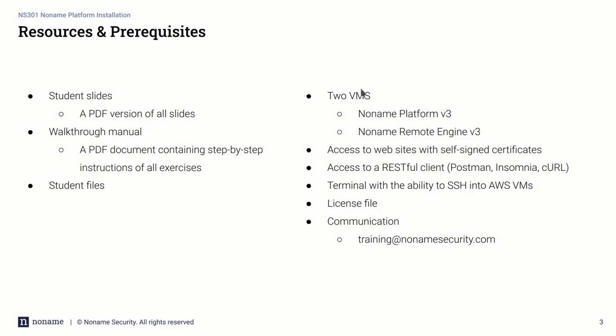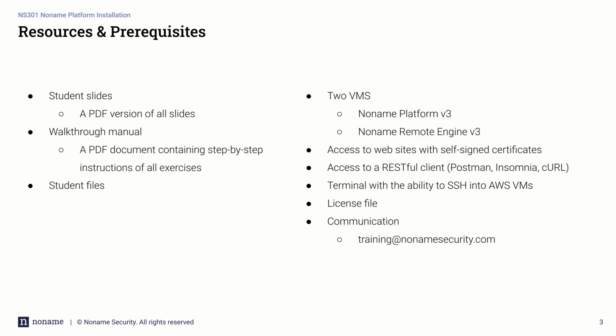Now, the two VMs and the license file, they are not provisioned automatically. Okay, so you register for the course, you start listening to this recording. It's at this moment that you need to decide whether you would like to do the exercises so you can gain hands-on experience or not. Again, not everybody learns the same way, guys. Some people prefer to do the actual hands-on exercises, some others don't.